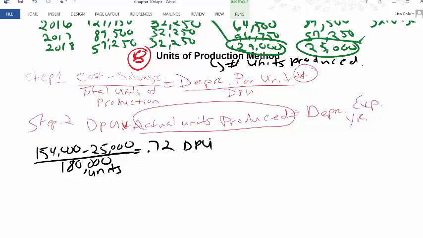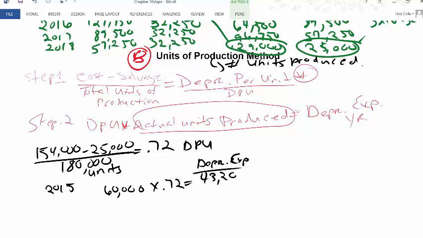So let's say in 2015, in our first year, that they produced 60,000 units. That represents my number of units that I produce. I'm going to multiply that times my 0.72, and it's going to give me a depreciation expense of $43,200. So that's the amount of depreciation that I take that year.